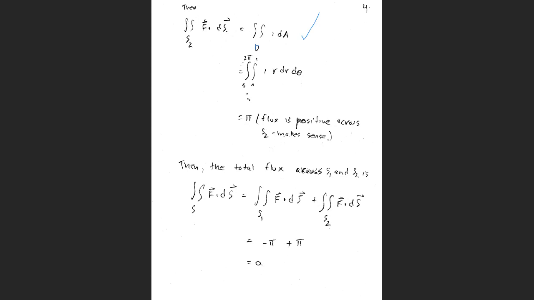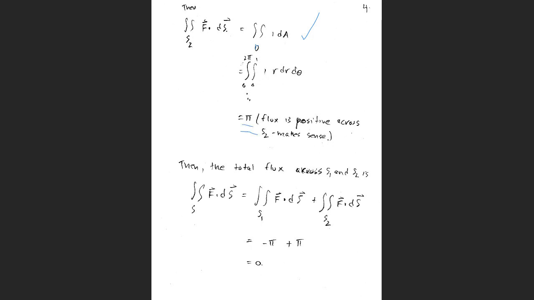I really don't want dr d theta. Let me fix that. Or do I? Yeah, I do. I want to use polar coordinates. So yeah, that's fine. That's good. And I'm going to get pi.